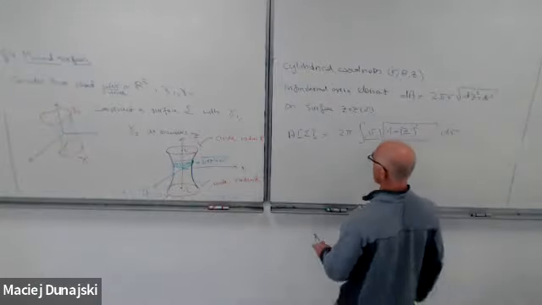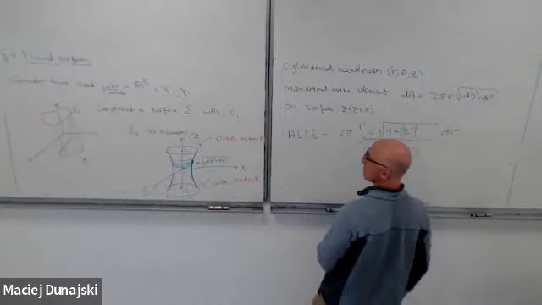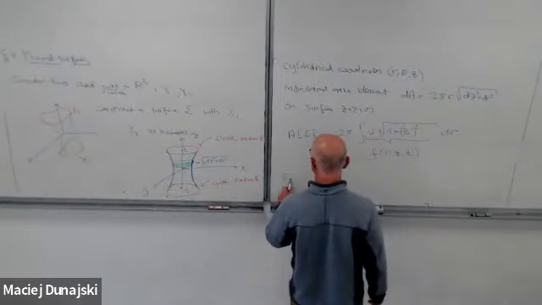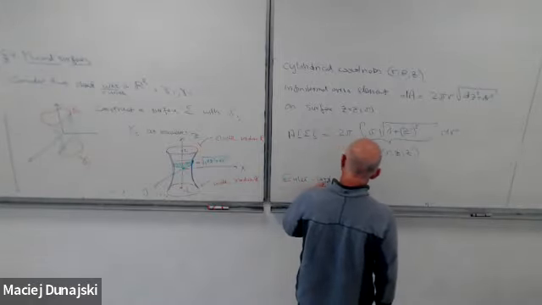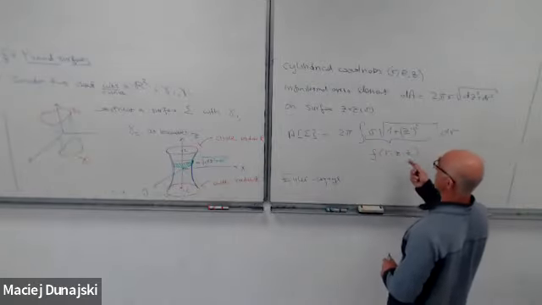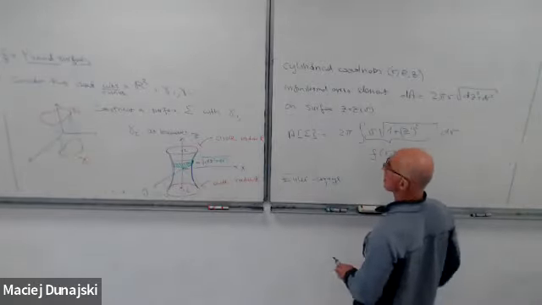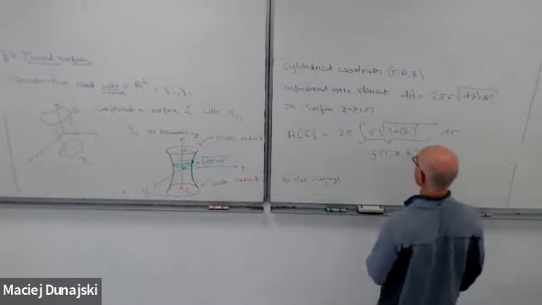Because I'm using different letters, let me write the full Euler-Lagrange equation, because I want to find the r dependence of z which makes this the area minimizer.